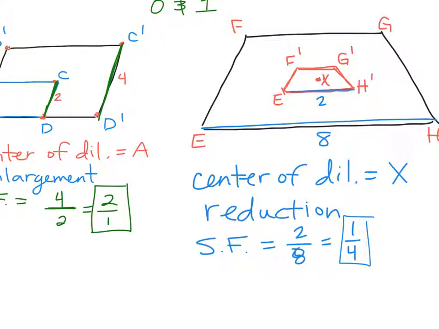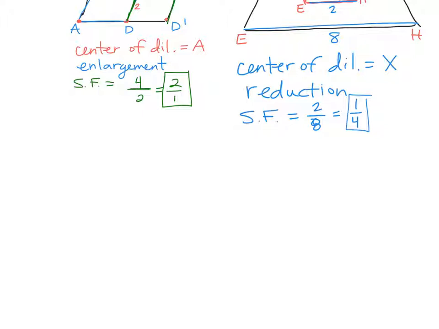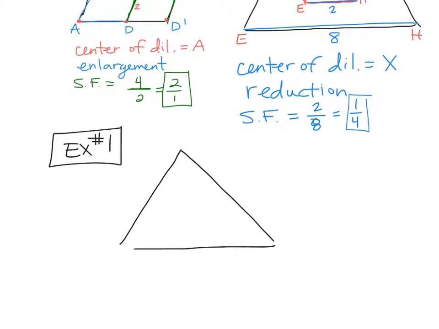All right, let's try one of these. Example 1 here. Let's say we have a triangle. And this is A, B, B prime, C, and C prime.